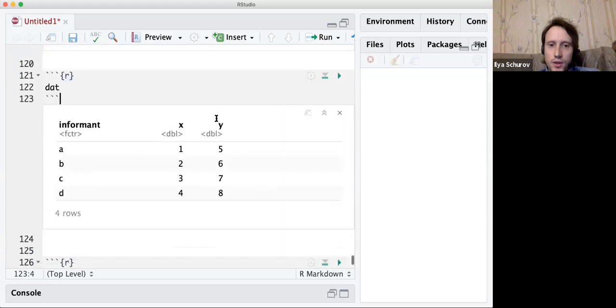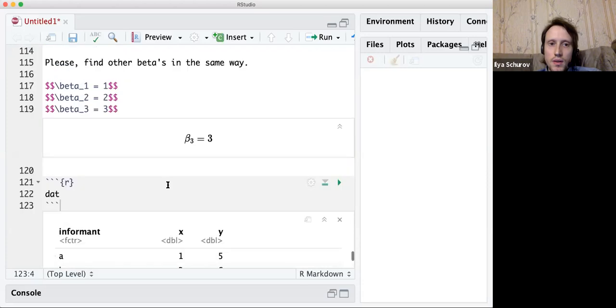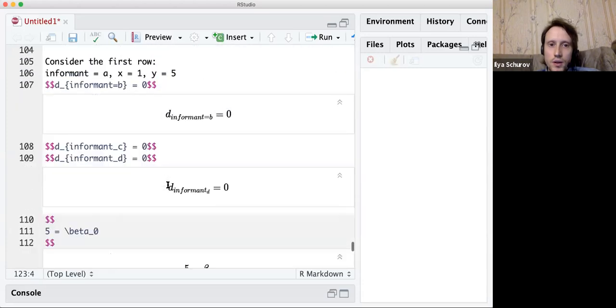It means that if I have this data for which each row has only one informant, if I know the informant, then I can deduce y with absolute precision without any errors, even if I don't know x. So basically, this allows me to fit this model.